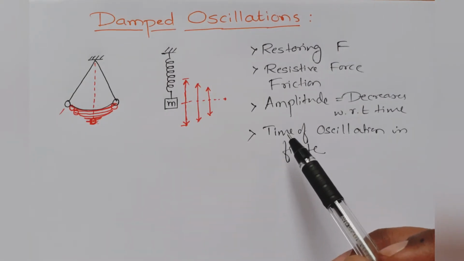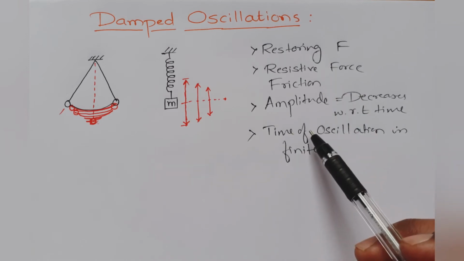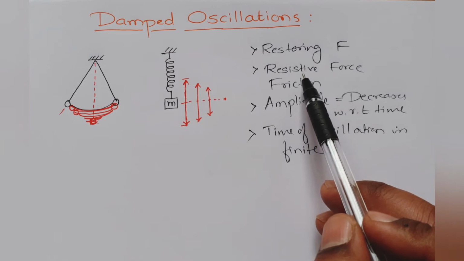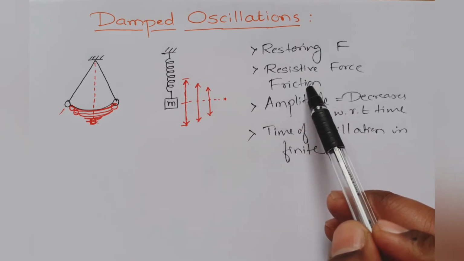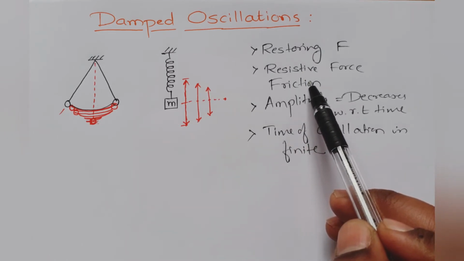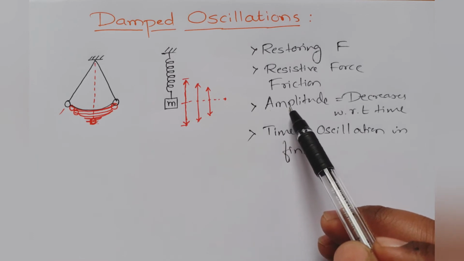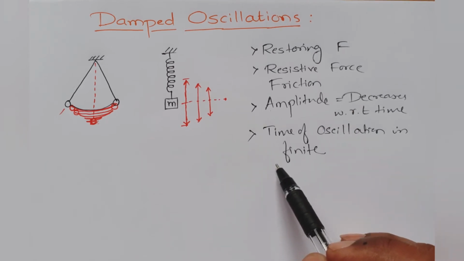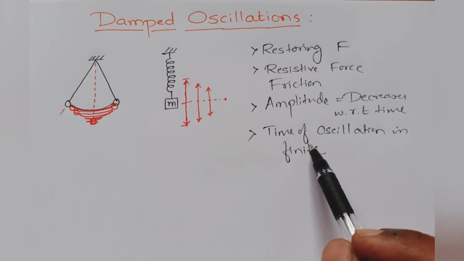The definition of the damped oscillation should include all these points. We know that the restoring force has to be there. With that, the resistive force or the frictional force is present. Amplitude is constantly diminishing, or it is damping with respect to time, and time of oscillation is finite. After some time it is going to stop.